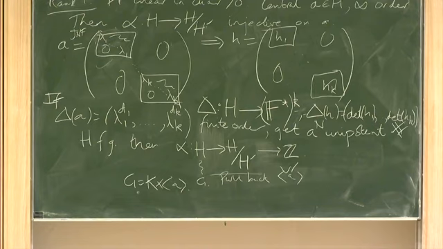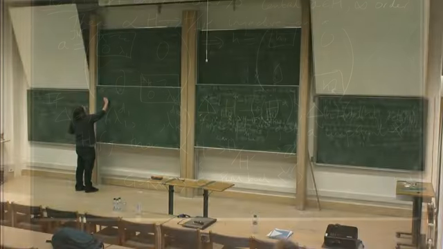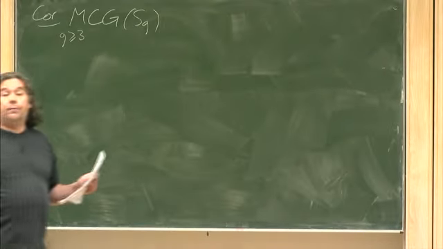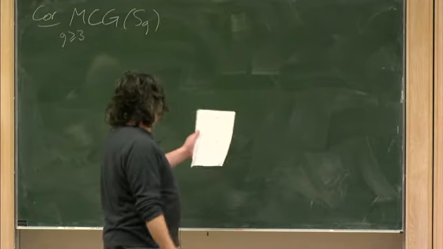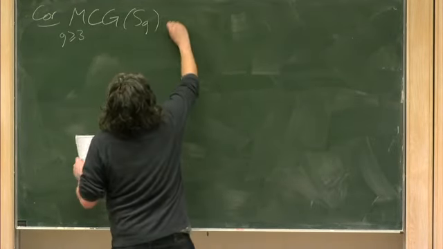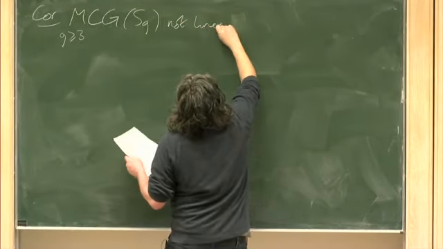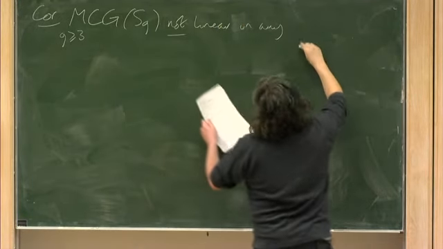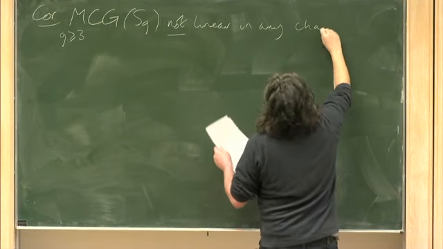So immediately, following a result of Bridson, it follows that the mapping class group of a closed orientable surface, in fact, we'll take the genus to be at least 3, although it can have any number of punctures or even boundary components, is not linear in any field of positive characteristic.